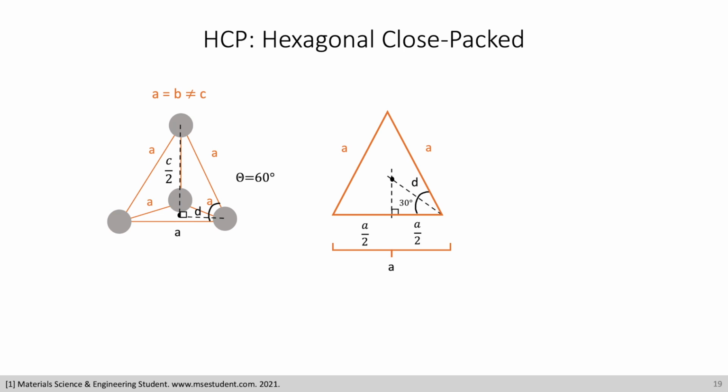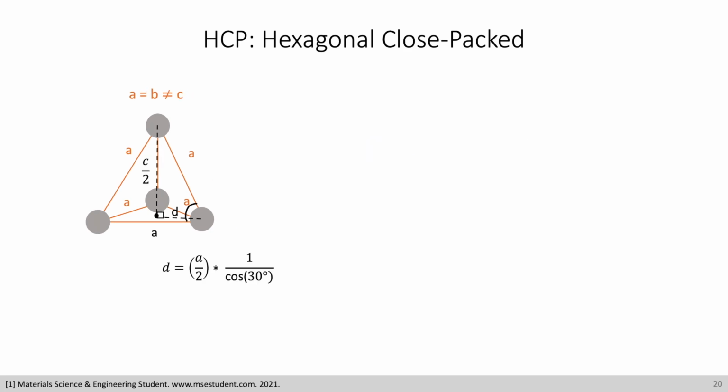Using our cosine property, cosine 30 degrees is equal to adjacent, which is A over 2, over the hypotenuse, which is D. We can then solve for D, which is A over 2 times 1 over cosine 30 degrees.